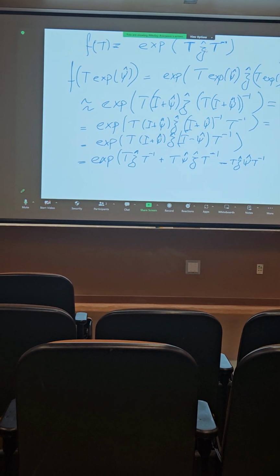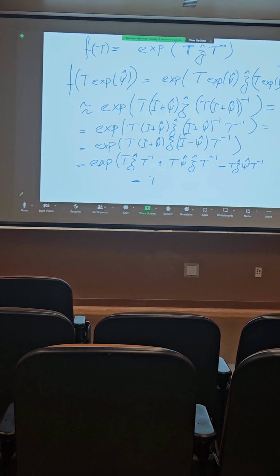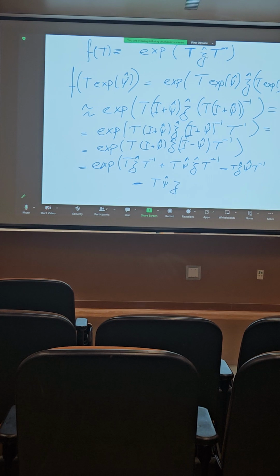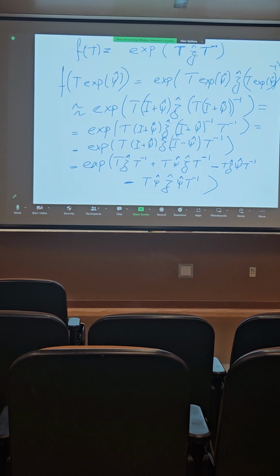T inverse, and there's one more term, let's see, there's a minus T zeta hat psi hat T inverse, something like this.